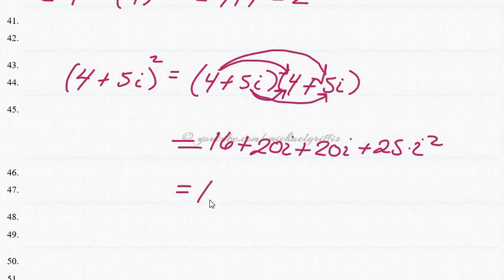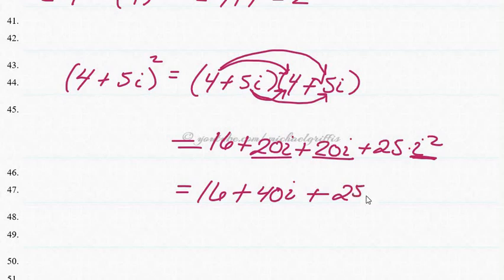Okay, let's look. 16. So we have 20i plus 20i. You have 40i plus, okay, what is this equal to? This is negative 1, remember? So let's just write it.